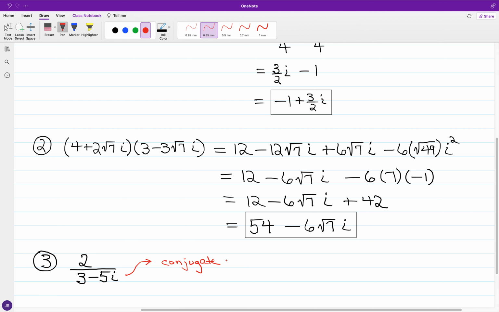And the conjugate of the denominator is going to be 3 plus 5i.